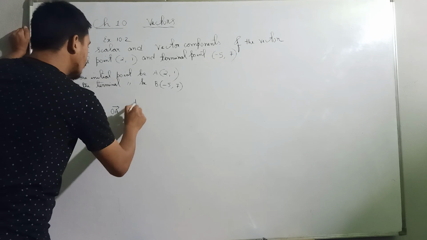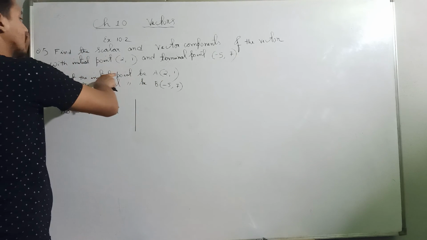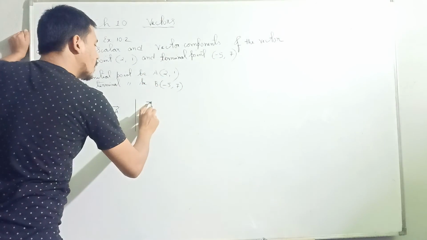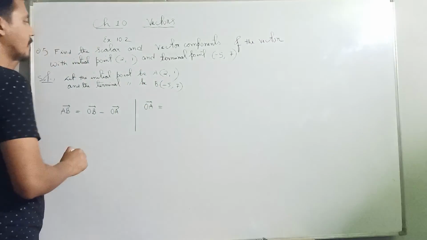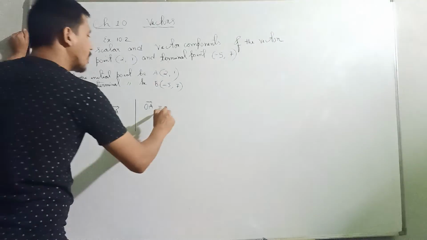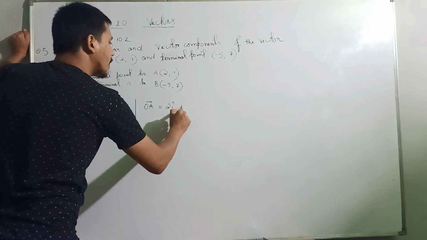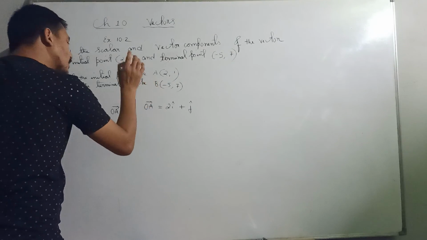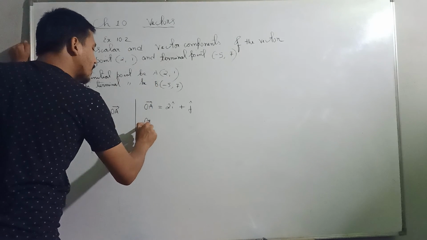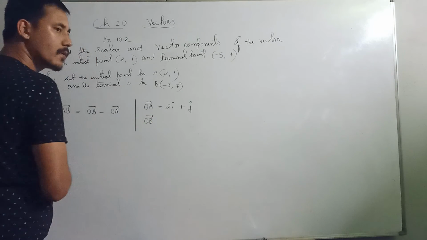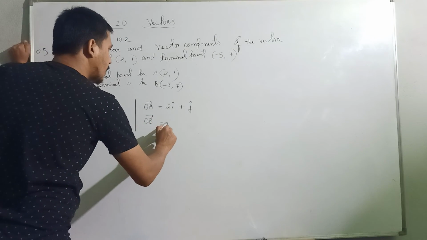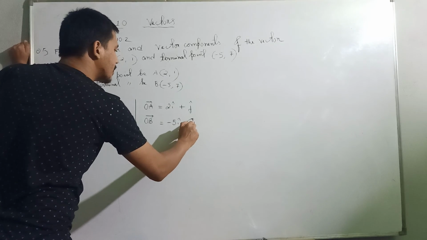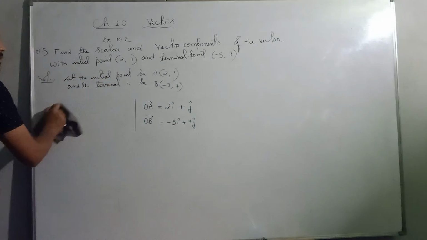Okay. Now, for the point A, its position vector OA will be represented by 2i cap plus j cap, right? And for the terminal point B, its position vector OB will be minus 5i cap plus 7j cap.